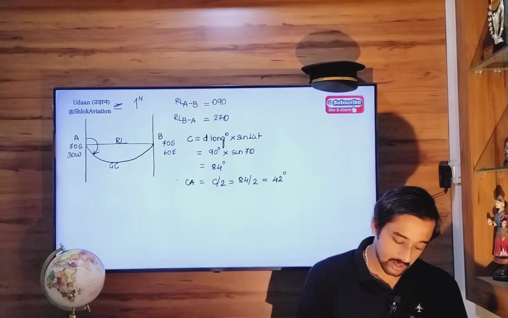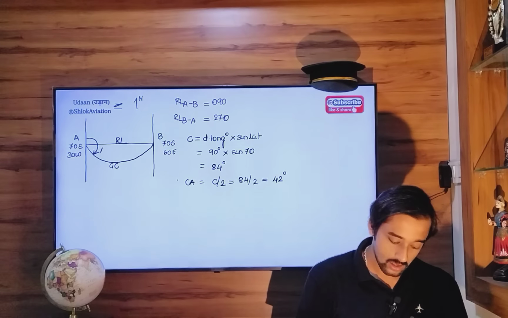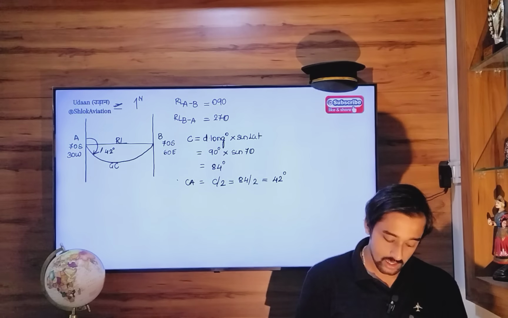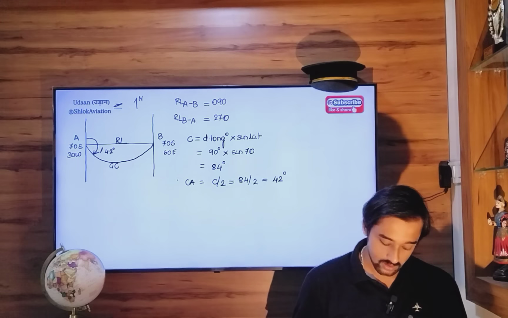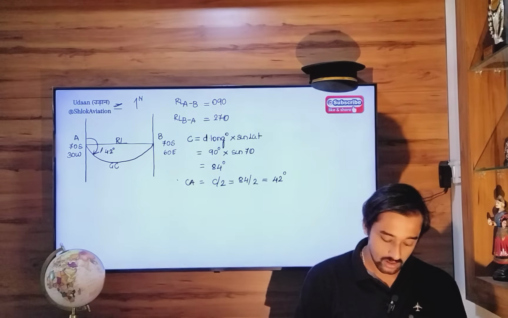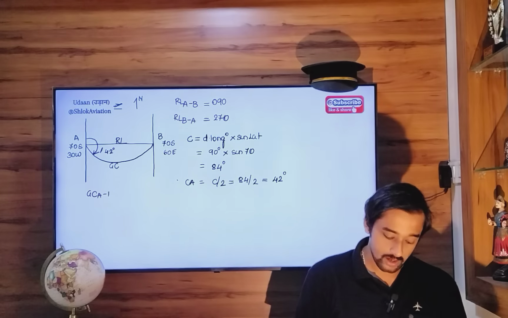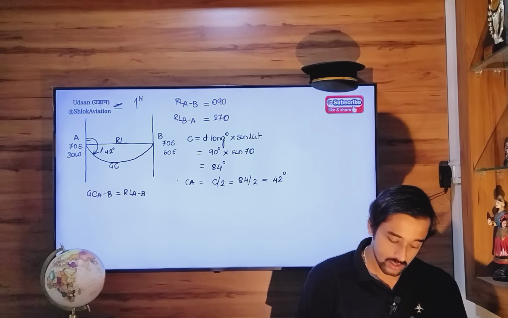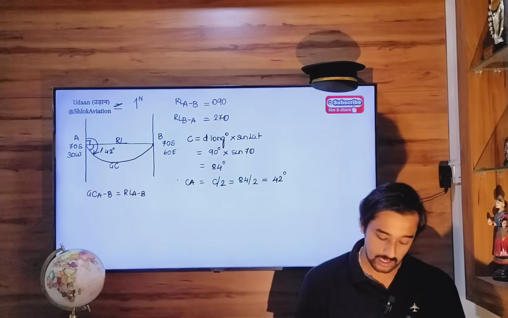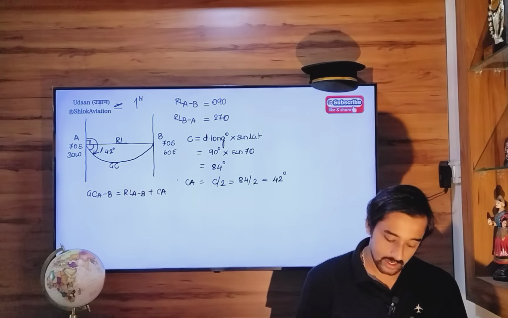So the convergency angle is 42 degrees. Now the great circle A to B will be the rhumb line A to B plus the convergency angle.